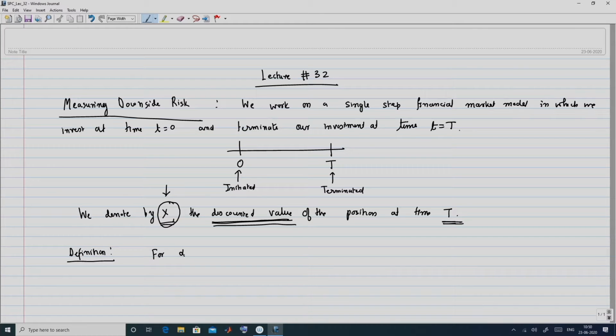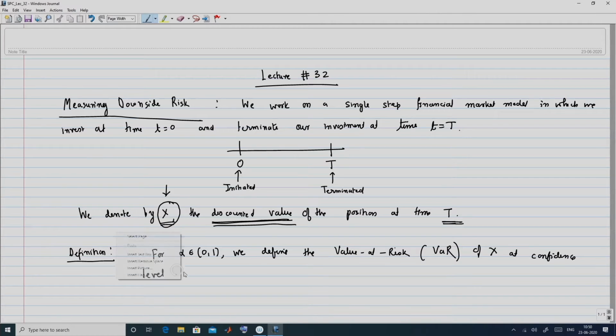So, for some alpha which lies strictly between 0 and 1, we define the value at risk, which is abbreviated as VaR, as I mentioned yesterday, with the R in capital, of x at confidence level 1 minus alpha as follows.